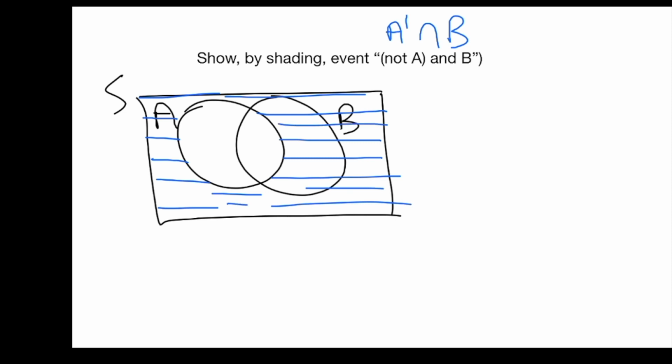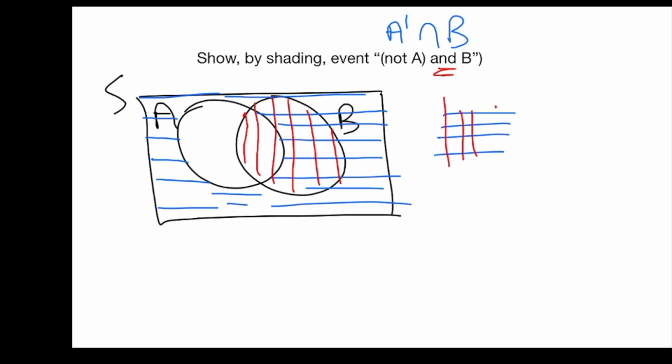Then it says B. B means everything inside B. So I'm going to use red to shade inside B. So this is inside B. Good. And then the question says intersection. It says and. And means intersection, which means we should be looking for a region where the blue and the red intersect. Look at your diagram.